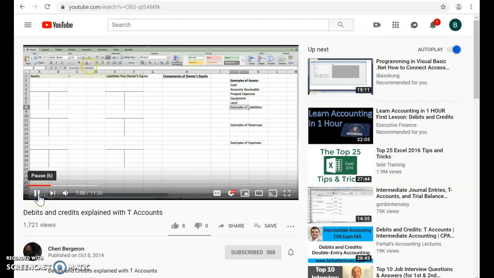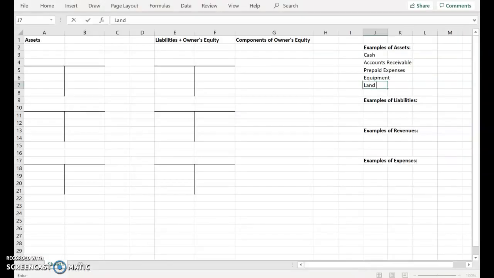Next, we have examples of liabilities. These are things that you owe. Accounts payable, that's the most common one, anything ending in payable, and notes payable, and unearned, like unearned revenue.